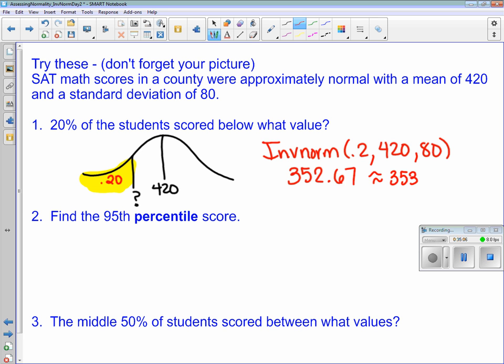So the 20th percentile math score would be 353. It's pretty low, okay? Now, how does number 2 change this? We're running out of time, but how do I draw number 2? Same picture. What do you always have to put on your picture?